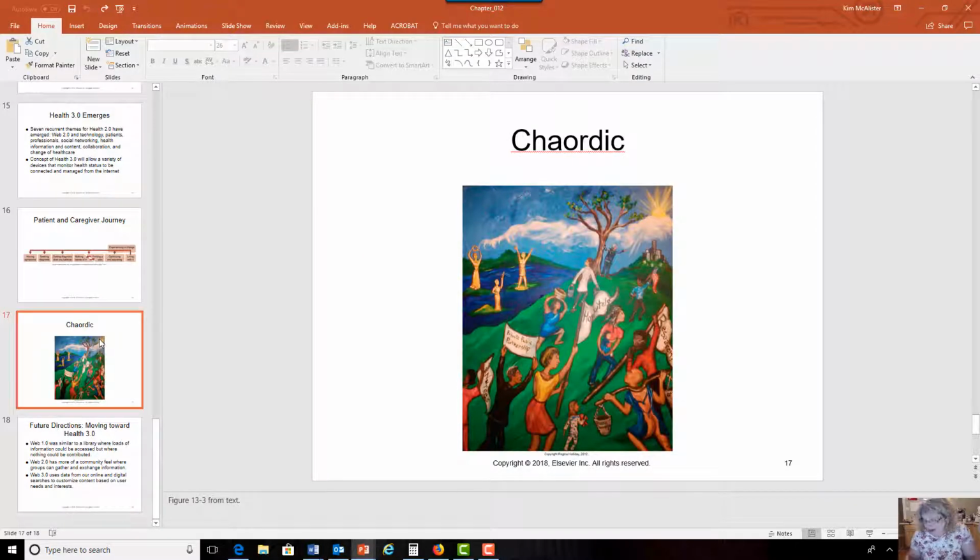Now, chaotic. This is a picture about chaotic. Chaotic organizations both have chaos and a certain amount of organization. And they don't ever get to a place where they've arrived and everything's okay. And that's why this is in here, because healthcare is chaotic.